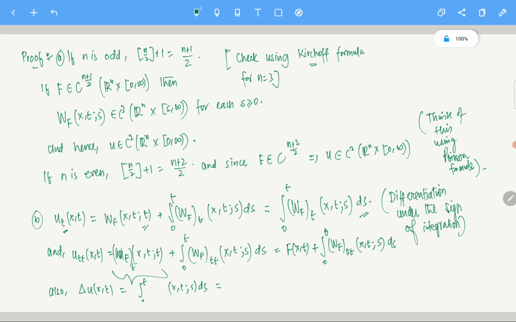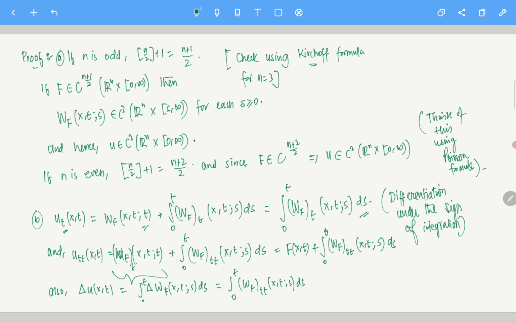So this will be the Laplacian of W_f at the point (x, t, s). Clear? Since W_f solves the D'Alembertian, it is W_f with respect to tt at (x, t, s).